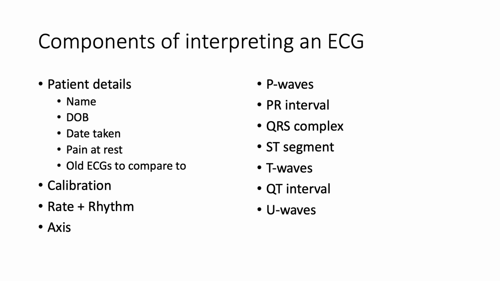So asking if the patient was in pain is quite important. That's because sometimes we can find things on ECGs that, strictly speaking, aren't normal. But if your patient is asymptomatic, if your patient is sitting up talking to you, looks absolutely fine, then it's not our biggest worry. We need to make sure that we're looking at our ECG in the context of the patient, and that's with all investigations.